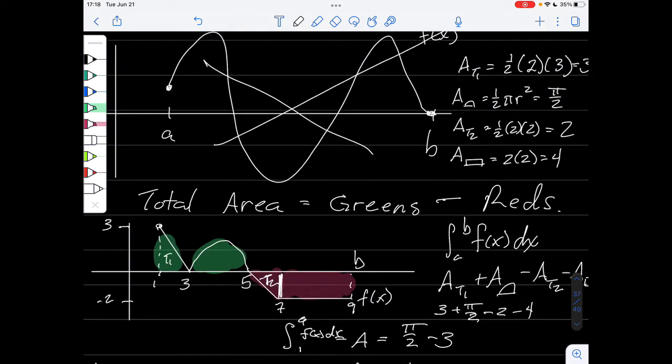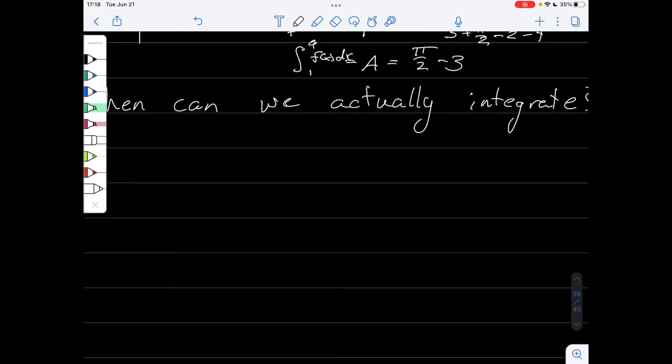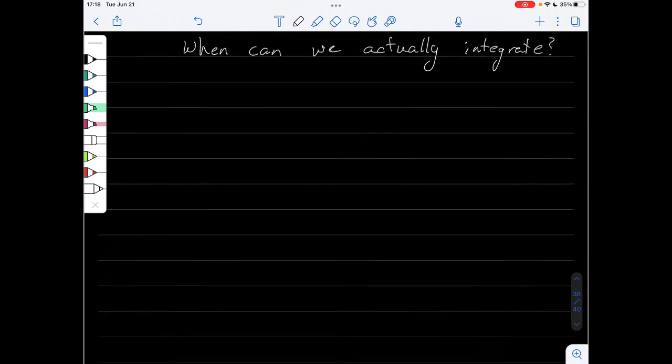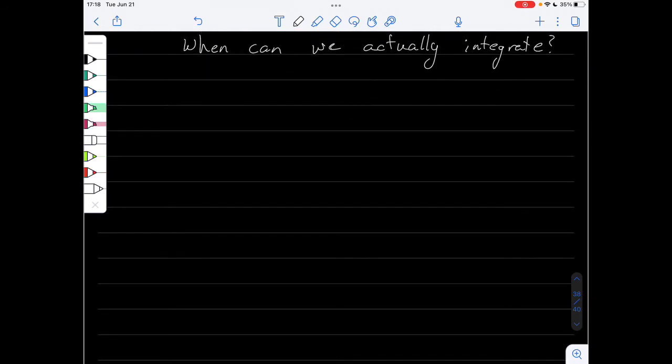Okay, so now that we know how to take an integral, let's talk about when we can actually do it. So, when can we actually integrate a function?